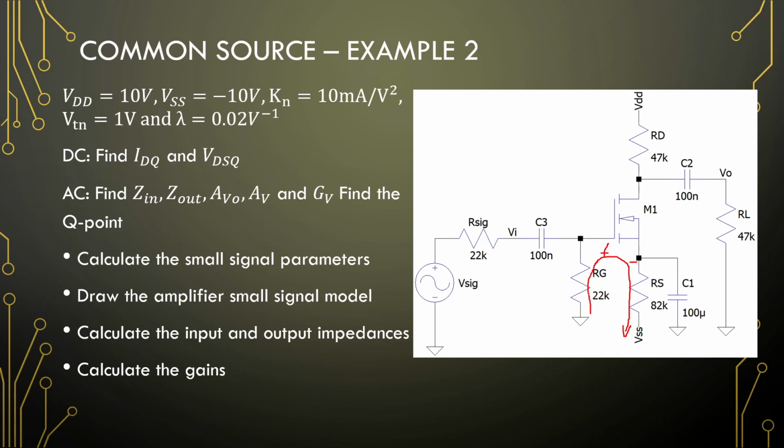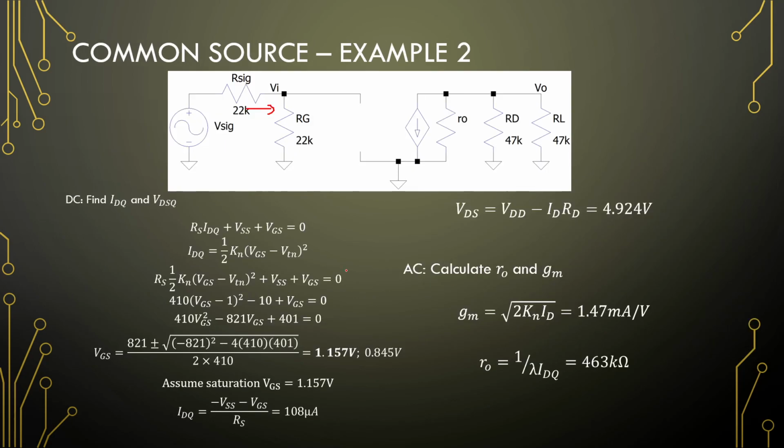So we have IGRG, which is 0 because the gate current is 0. And then we are left to VGS and VSS and IDRS. Okay, so we have RS, IDQ, VSS, and VGS.